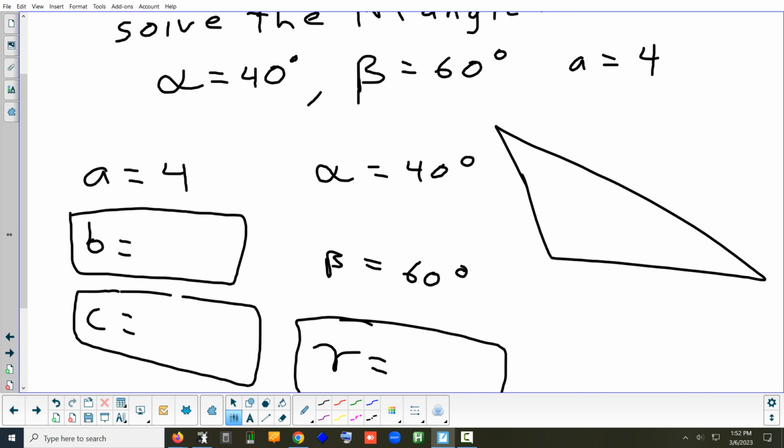I just want to know what information is where. That's all. So A across from alpha. B I don't know, but that's going to go across from beta. And C I don't know, gamma I don't know.